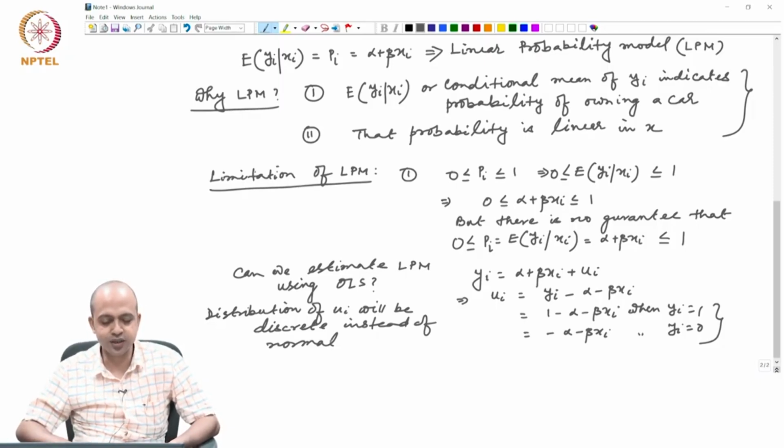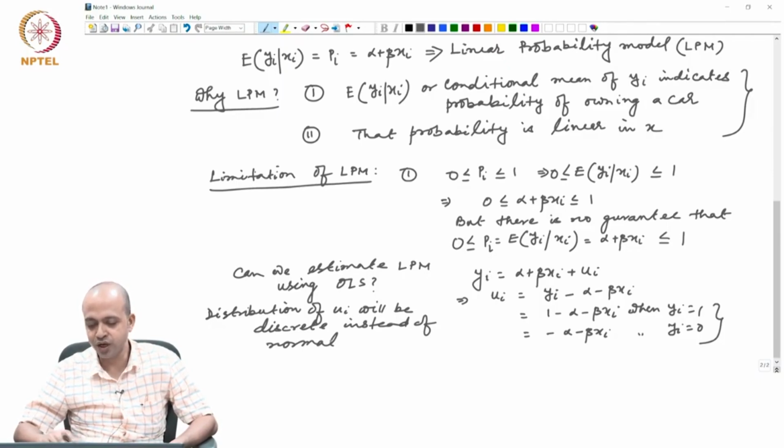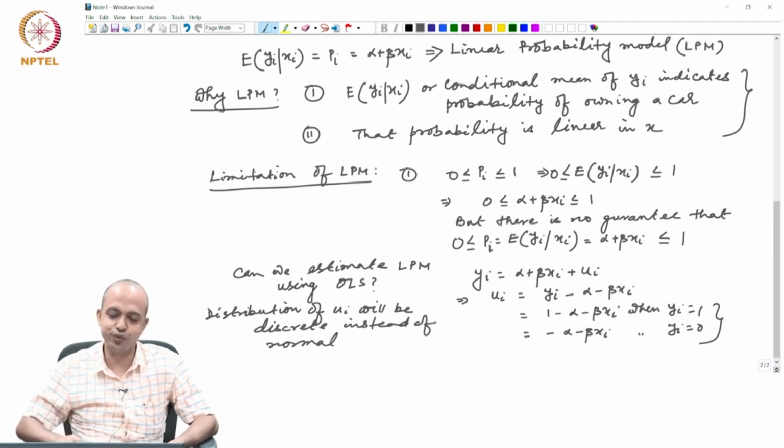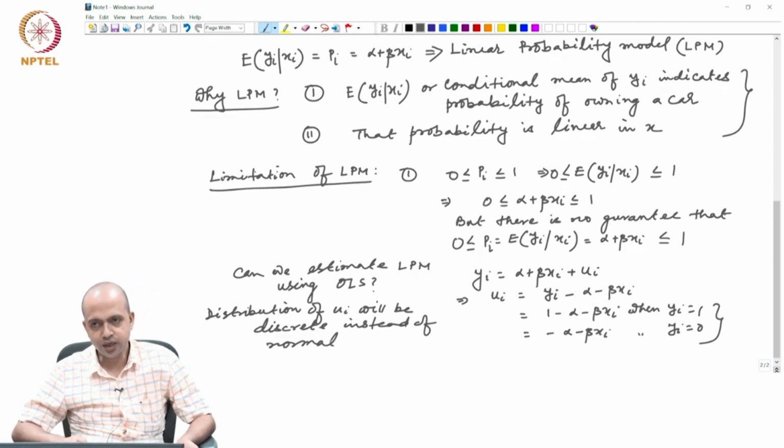Then secondly, we cannot estimate this model using OLS method, because ui takes only 2 values depending on what y takes. When y equals to 1, ui equals to 1 minus alpha minus beta xi and equals to minus alpha minus beta xi when yi equals to 0. So, ui follows a discrete distribution, right.